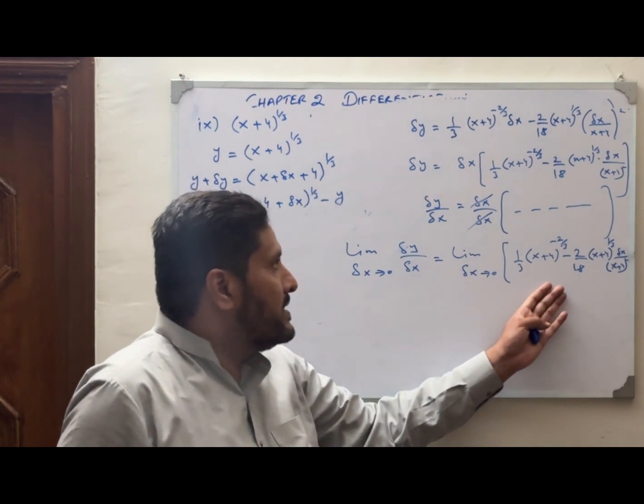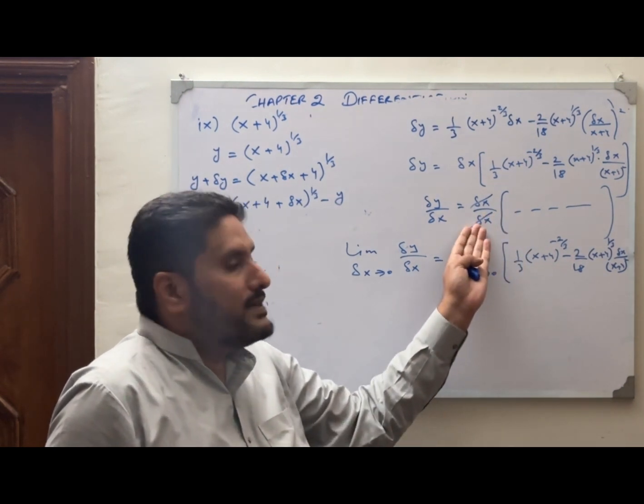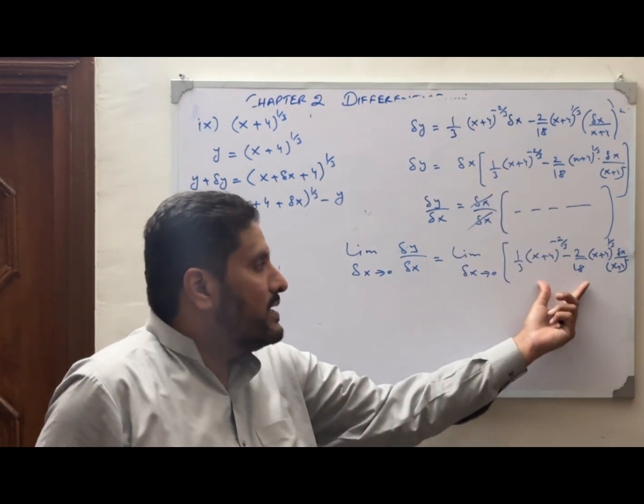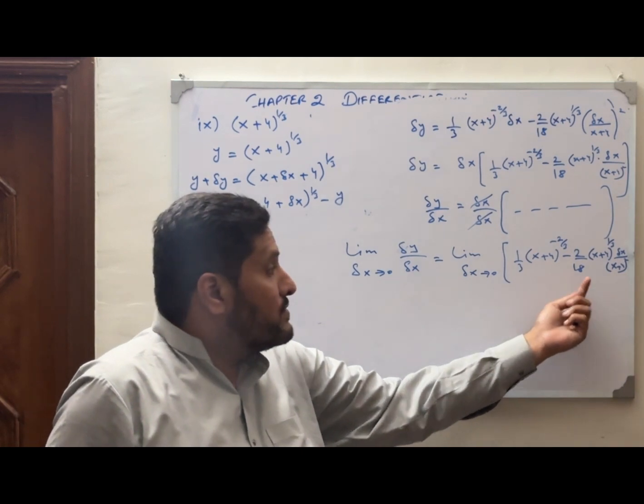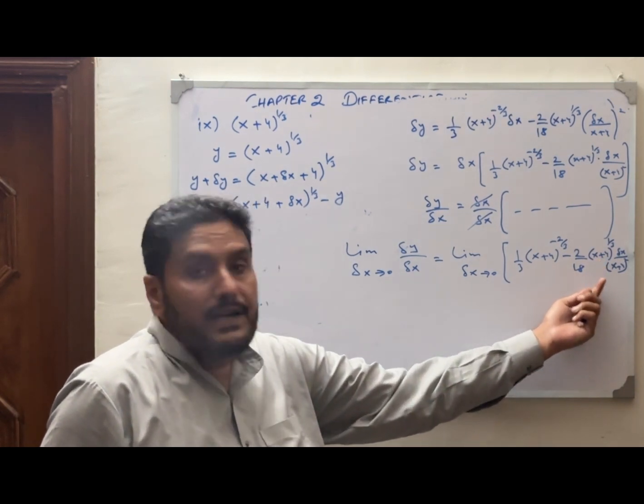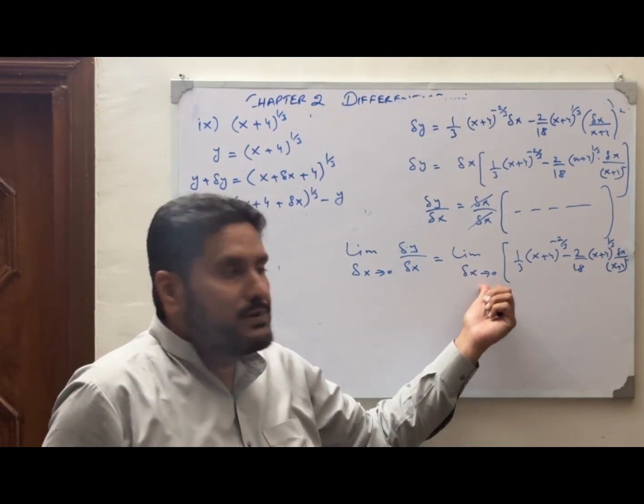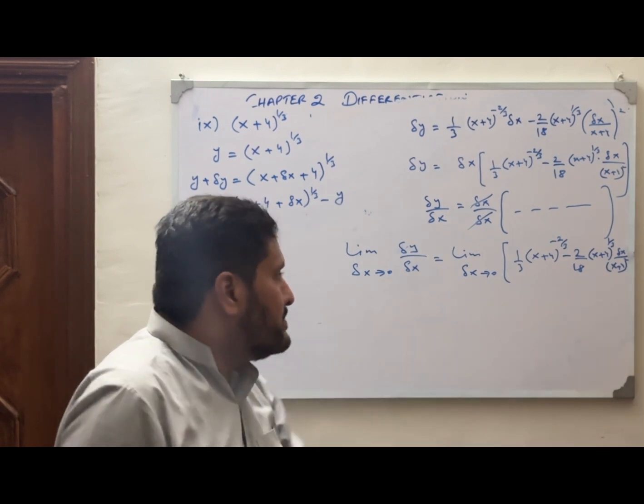Same as it is, as we have taken delta x common, so the remaining terms remain as they are. In the second term we have delta x involved, and as delta x approaches 0, that whole term will become 0.